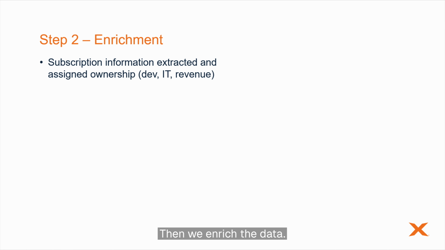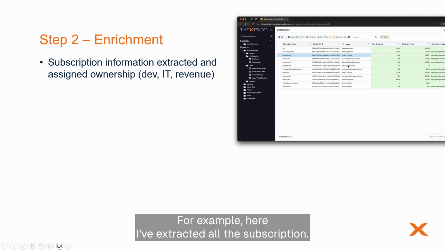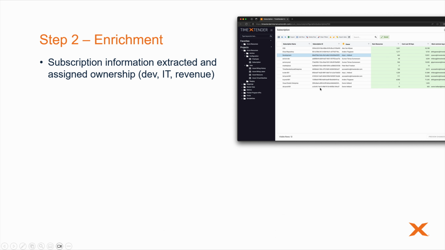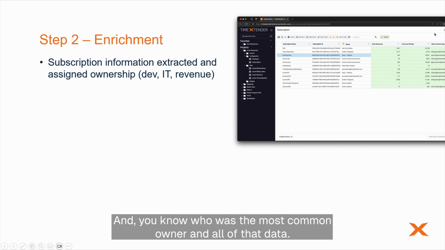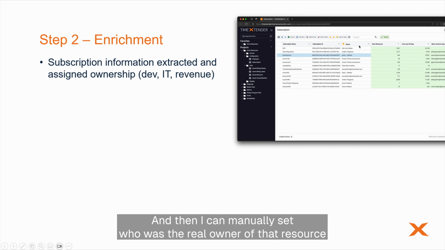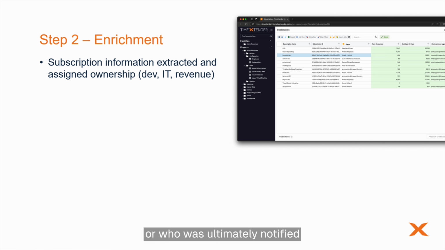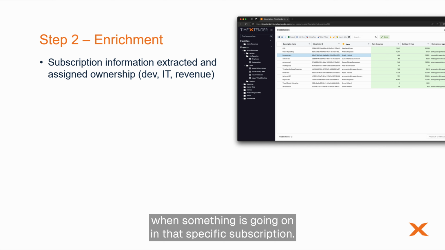Then we enrich the data. For example, here I've extracted all the subscriptions. I've extracted the costs for those subscriptions, and who is the most common owner and all that data. And then I can manually set who is the real owner of that resource. So who is ultimately notified when something is going on in that specific subscription.